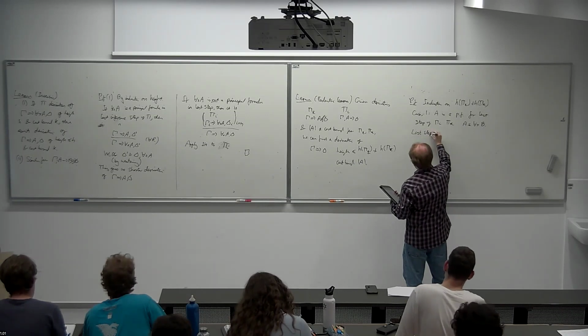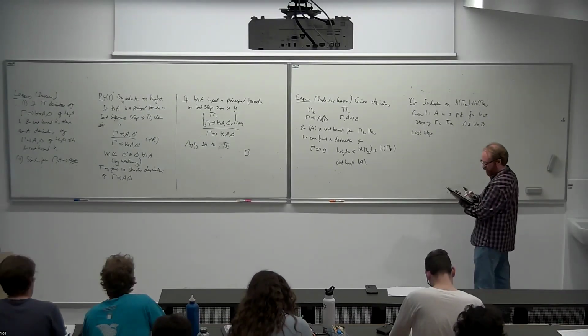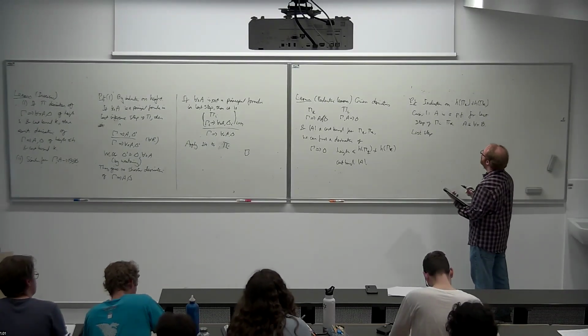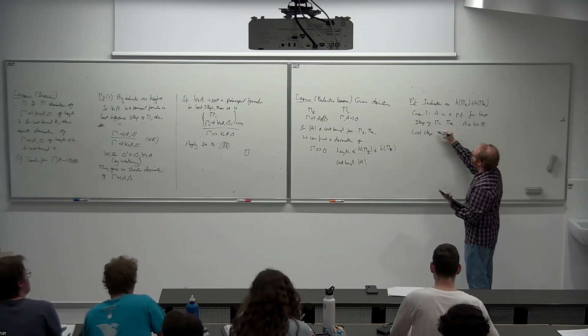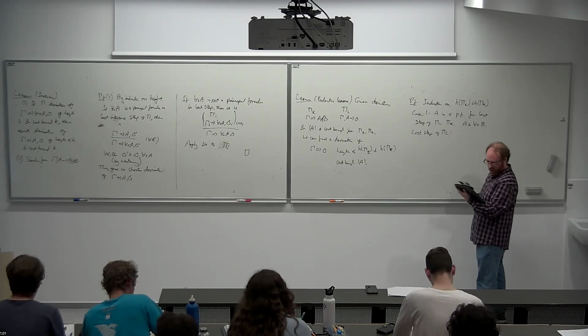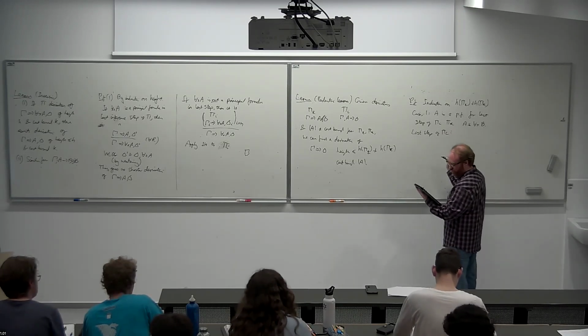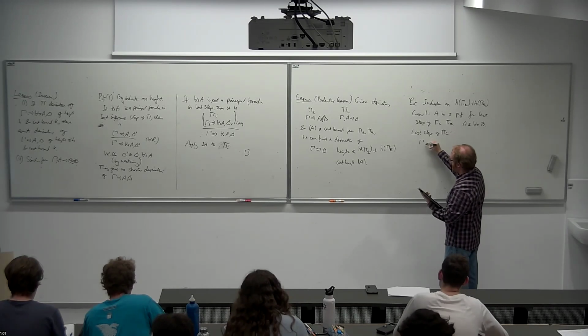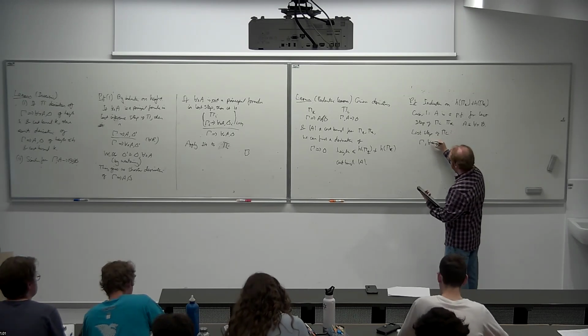So the last step of pi L has to be of a particular form. It has to be a for all left. So without loss of generality, it's of this form.